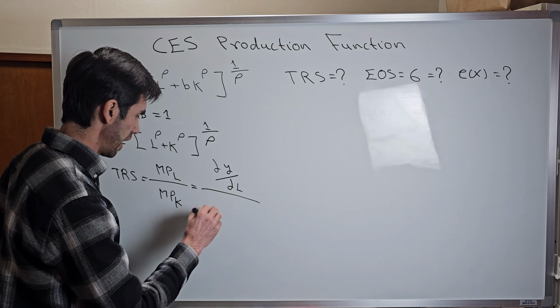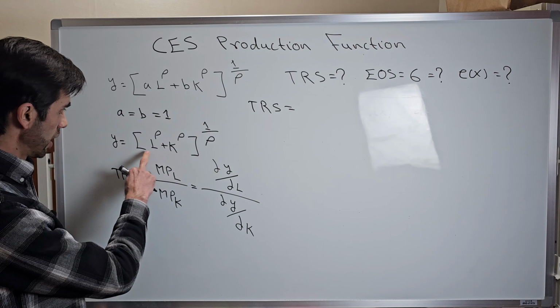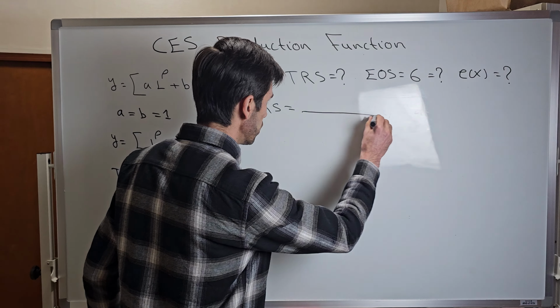So the technical rate of substitution is equal to the partial derivative of Y with respect to L divided by the partial derivative of Y with respect to K. Let's find the partial derivative of the numerator first. It is equal to 1 over rho multiplied by the derivative of the whole term, (L to the power of rho plus K to the power of rho), to the power of 1 over rho minus 1, multiplied by the derivative of the inside of this function.